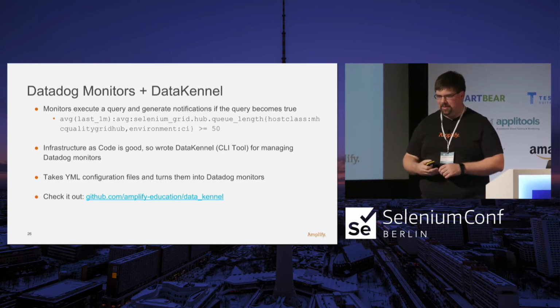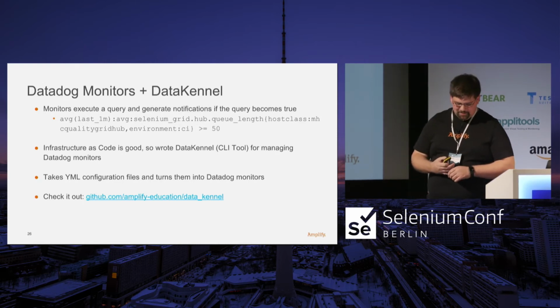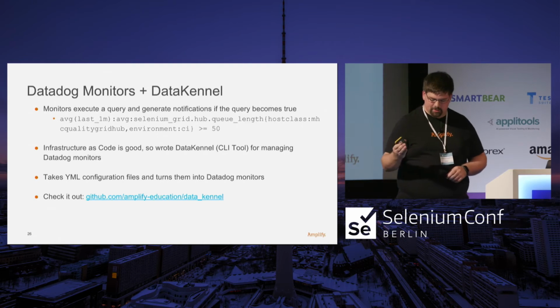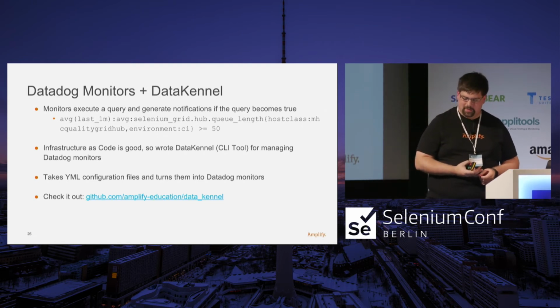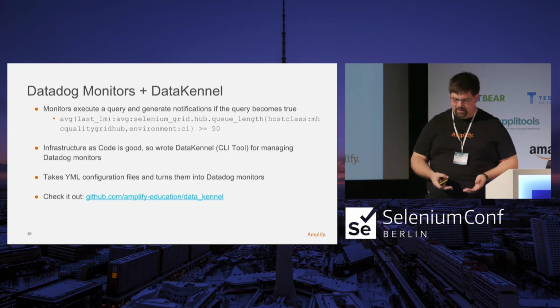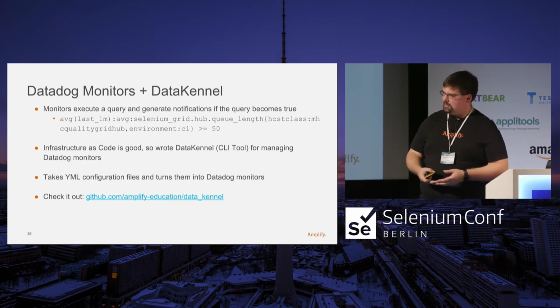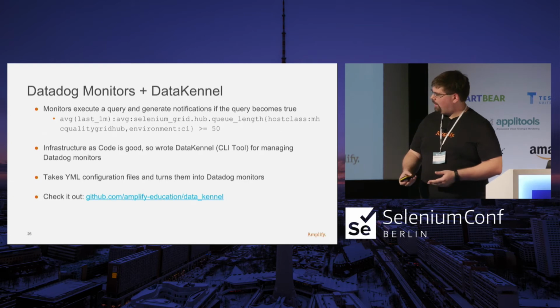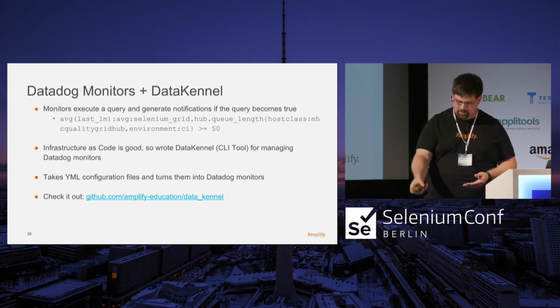Most people would prefer to have everything in an IDE. So what we did is we wrote Datakennel. This is a Python command line tool for managing Datadog monitors. You give it a YAML configuration file, and it turns it into Datadog monitors. It's pretty cool. It's open source, check it out. You can do pip install datakennel, and it's pretty nice.